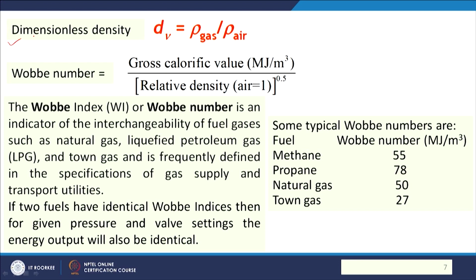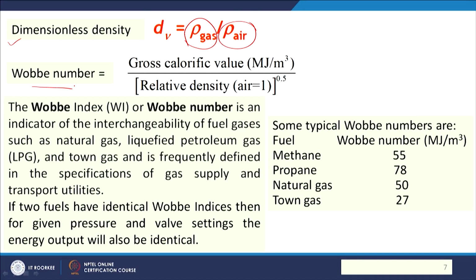Then we see the density. On density we know that it is mass by volume, and then dimensionless density is equal to density of gas by density of air, at the same conditions.